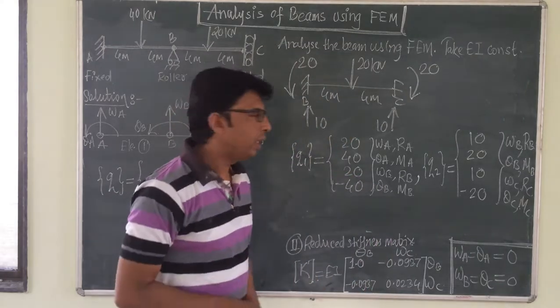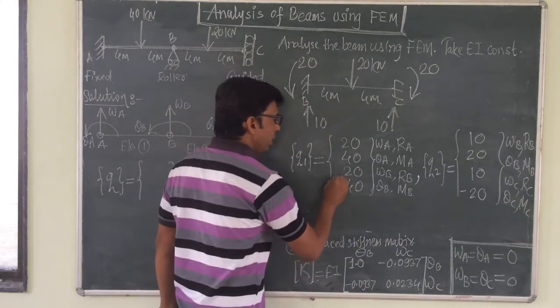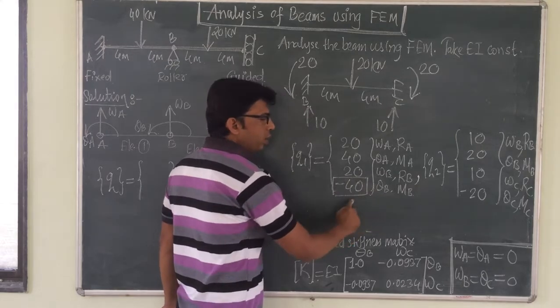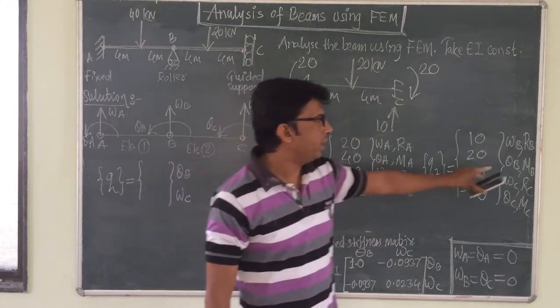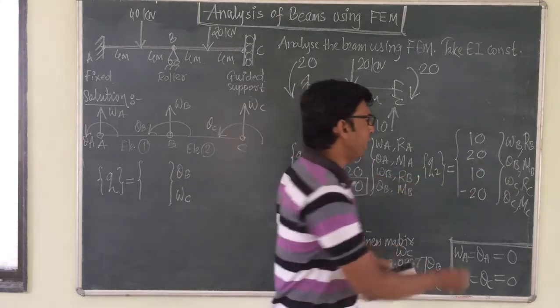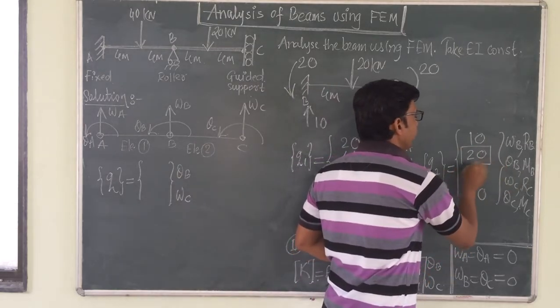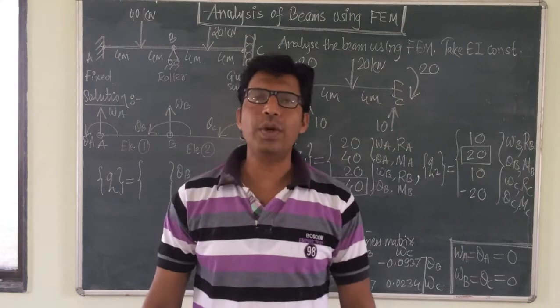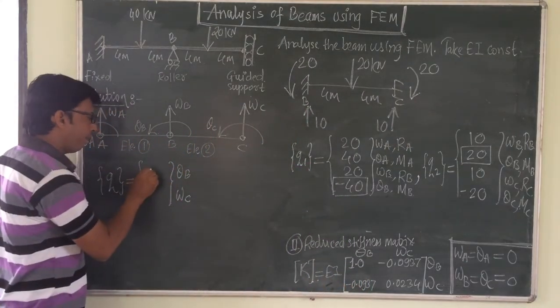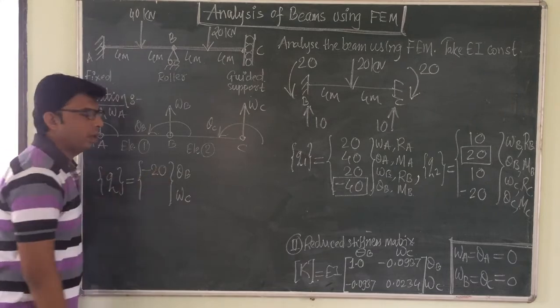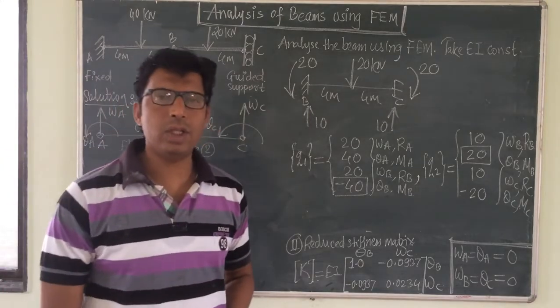So theta B means this minus 40, the element for theta B, minus 40, and the theta B element plus 20. So minus 40 and plus 20, the answer is minus 20. First element is minus 20.